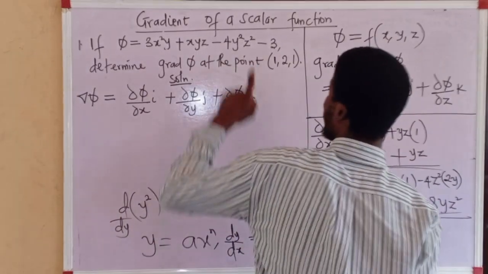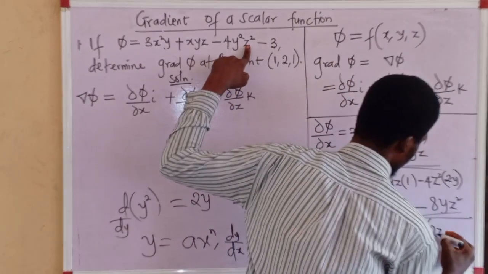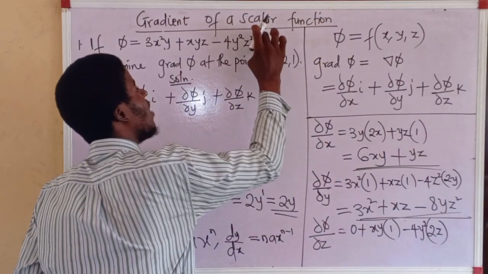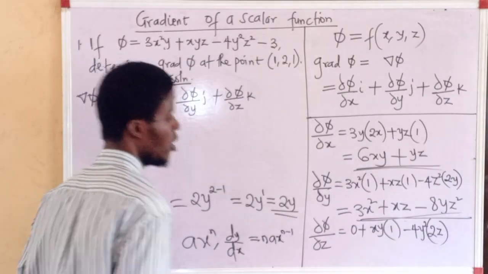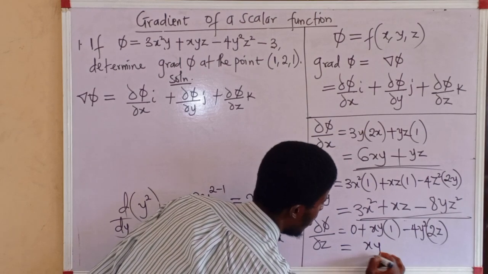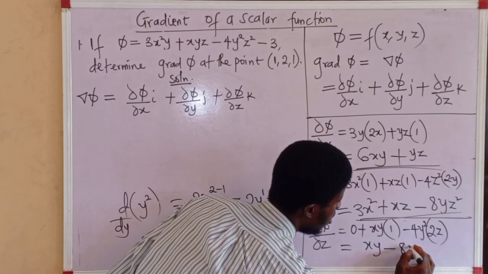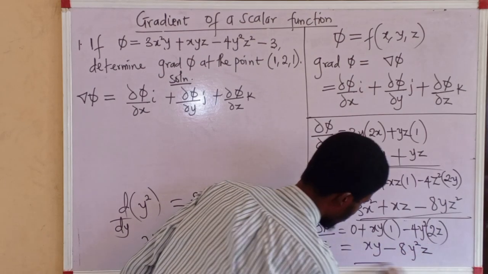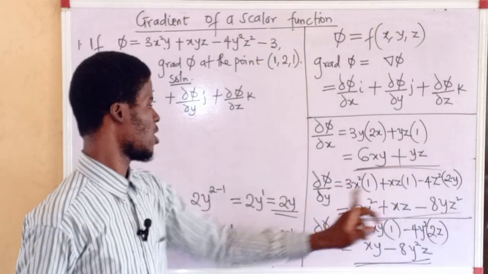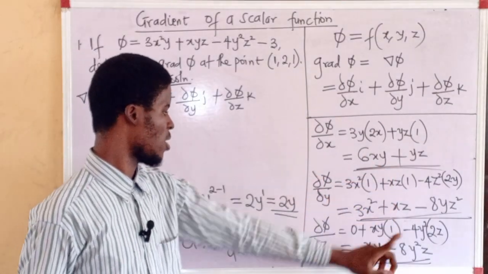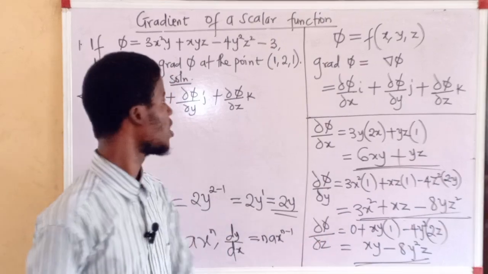I'm differentiating this now with respect to z, 2z. And the derivative of this one will actually give us 0. Okay, so we have xy minus 8y squared z. So this is partial phi, partial x, partial phi, partial y, partial phi, partial z.